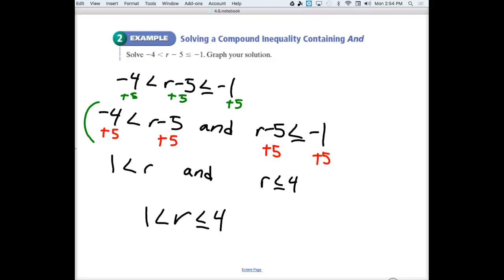And then we're going to get a 1 here. We add it so the signs stay the same, and r, and then -1 plus 5 is 4. You see how we get the same answer either way. Might be faster to do it the second way, but if it makes more sense to you, you can do it the first way.